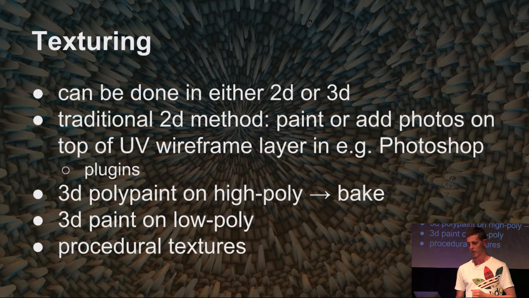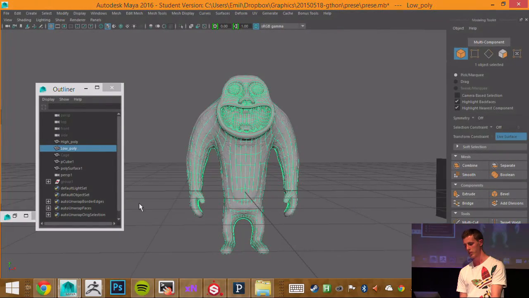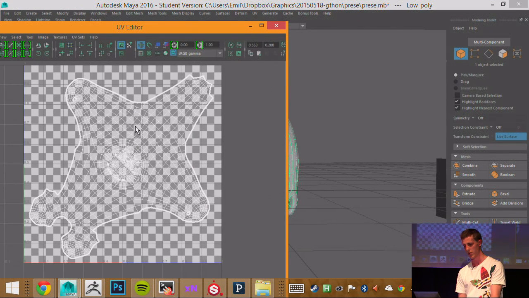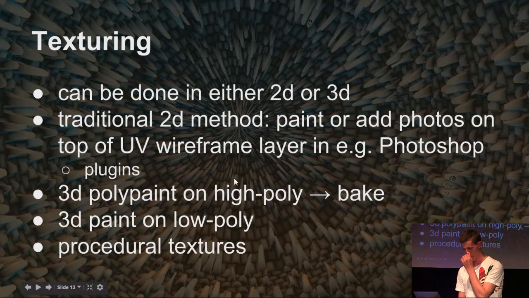I'm a newbie, so I went straight to the nice stuff. But this could be just painting or photo editing inside Photoshop on top of the UV wireframe, which was this. So I could just open this as a layer in Photoshop and start painting on it, and I'd later see what the result looks like when I import it into a game engine.